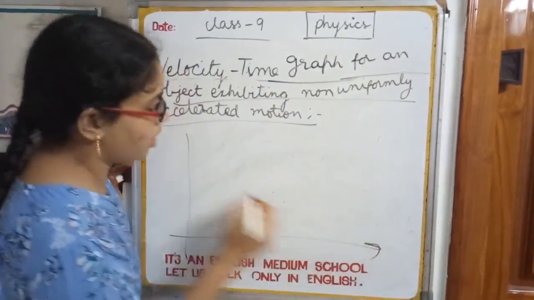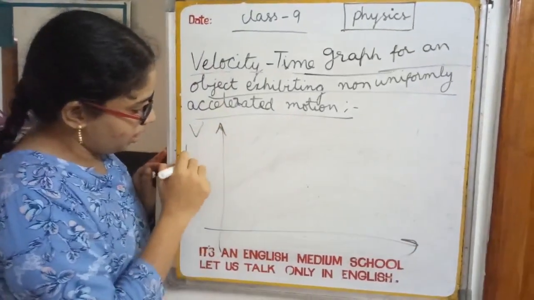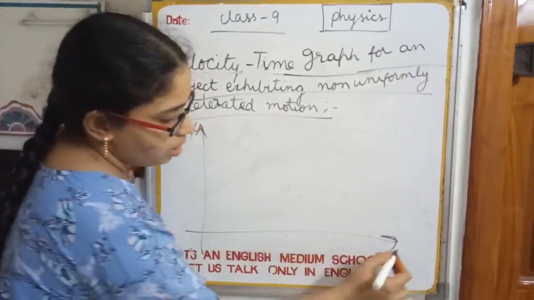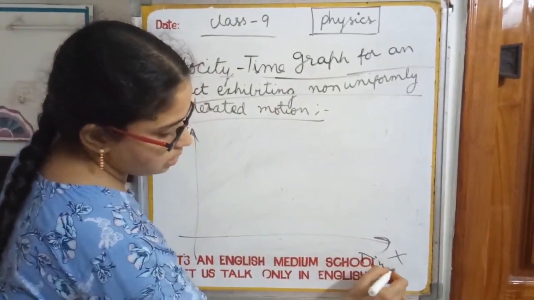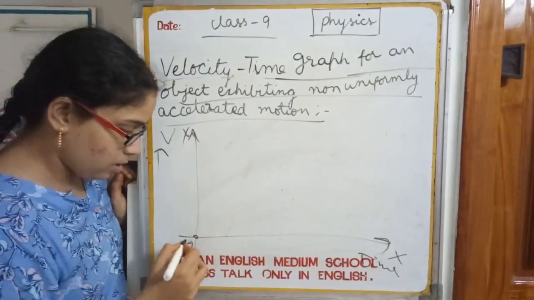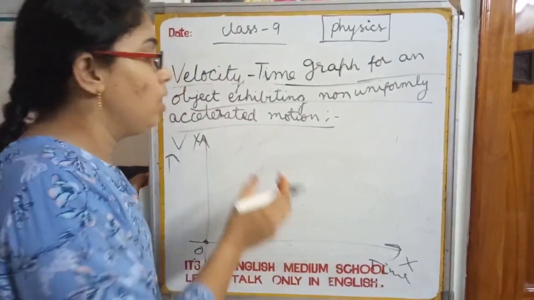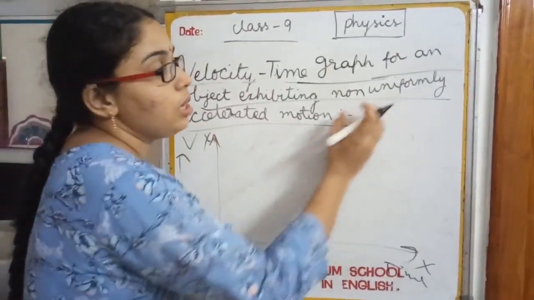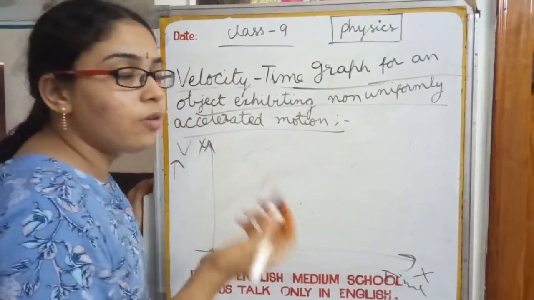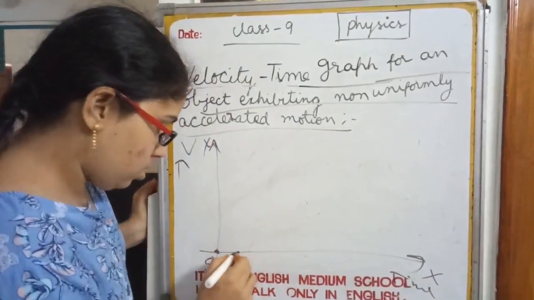Draw the velocity time graph. See, velocity is taken along the y-axis, and along the x-axis you have to consider time. This is 0. Non-uniformly accelerated motion means we can observe the change in velocity, but at a non-uniform rate.